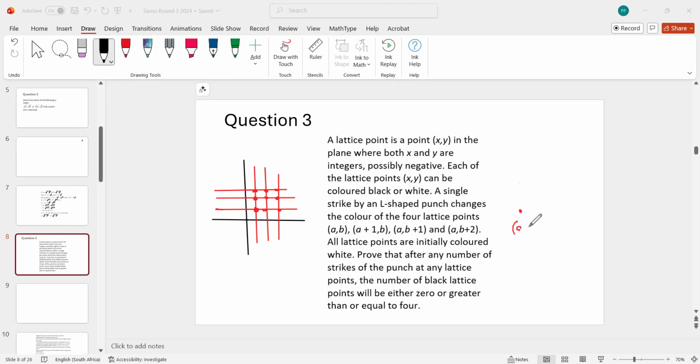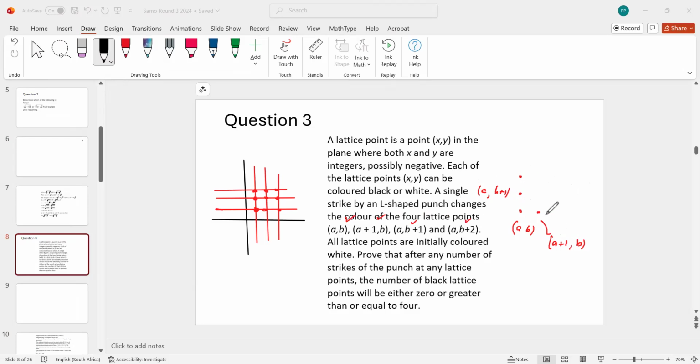Let's call this (a, b). (a+1, b) is 1 unit away from here. (a, b+1) is the same x value, but 1 up. And (a, b+2), that's the last one, where the y coordinate is increased by 1 more. So this is a single strike by an L.